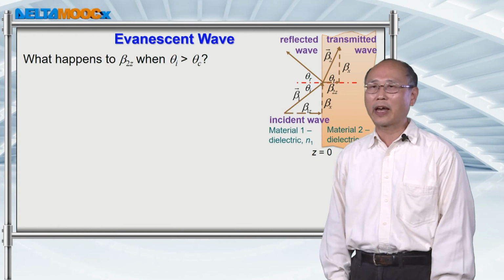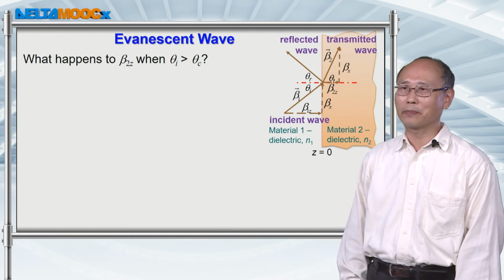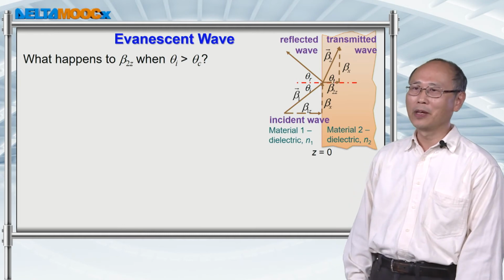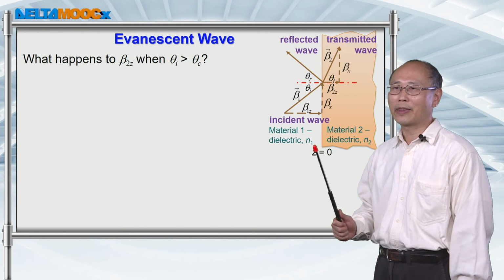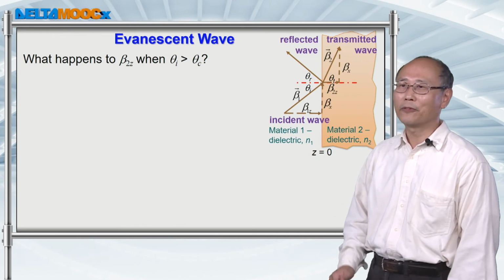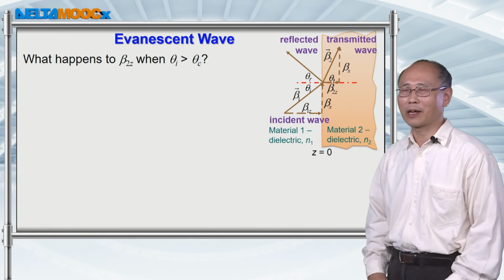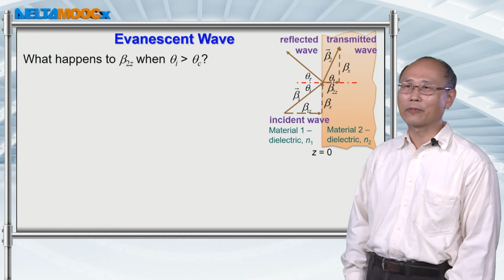It's quite interesting that we see a condition where you don't have wave penetrate into the second material. So if you have a material n1 larger than n2, and then your incident angle is larger than the critical angle, the field cannot penetrate into the second material. And this is given by the Snell's law of refraction.